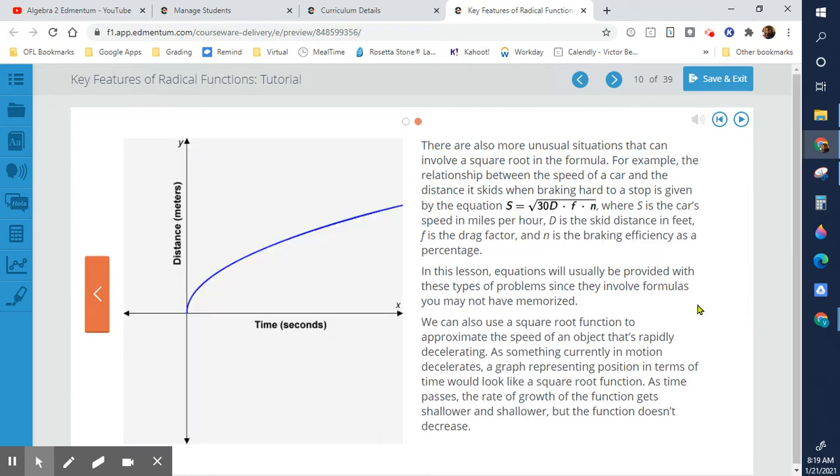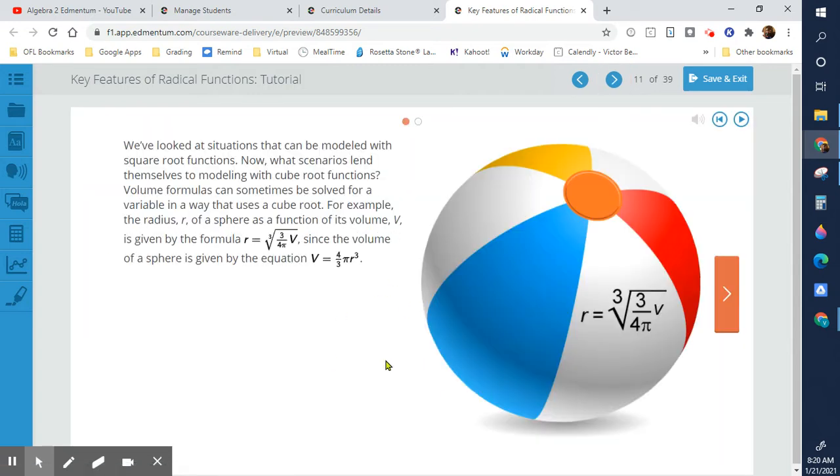The speed is growing exponentially, but as it starts slowing down, it creeps down smaller and smaller. You can read more into this if you're curious about the force of skid marks. It explains the distance, how fast someone was going based off of how fast they hit their brakes.